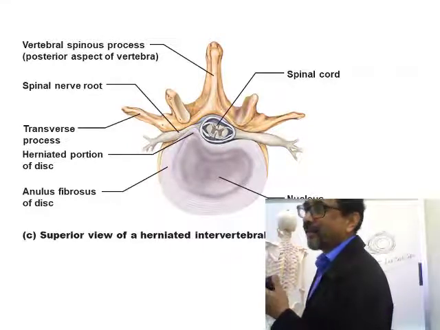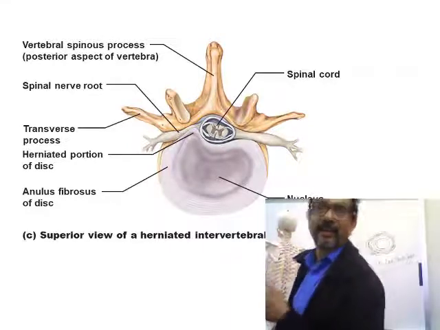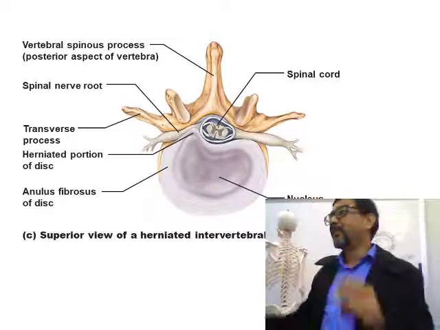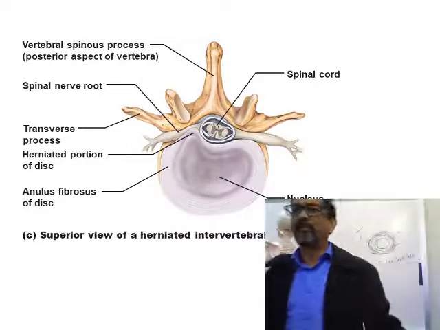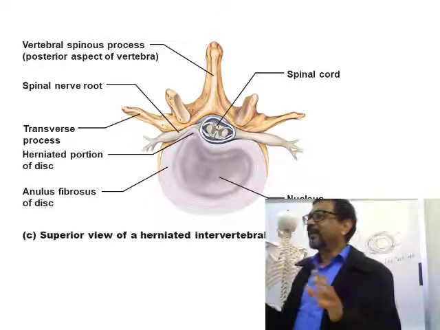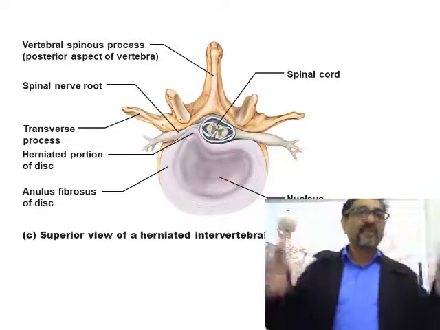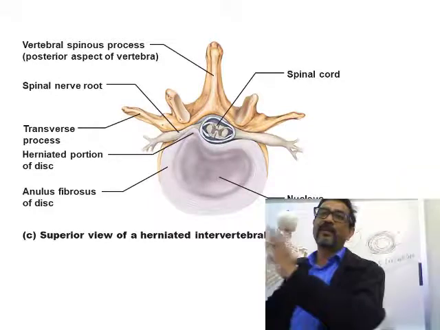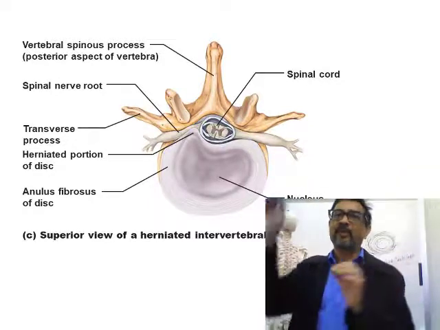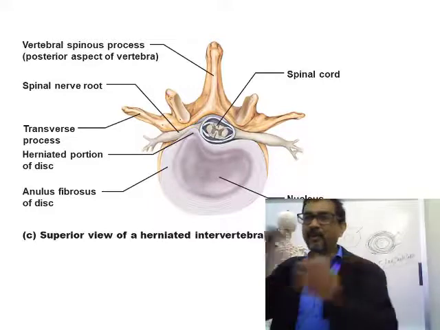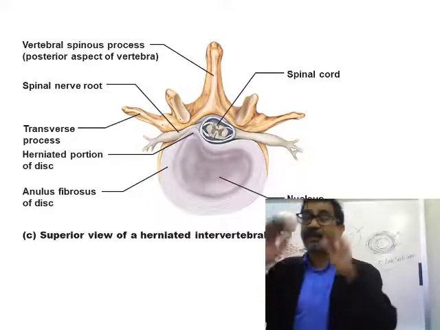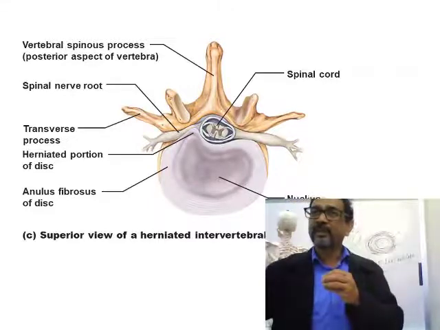What is hernia? Anybody, have you heard hernia? You have heard hernia, right? Yeah. Hernia is a very broad term. Hernia indicates dislocation, protrusion of any viscus from its normal to abnormal, any part of any organ from its normal to abnormal position. It moves from its normal position where it's supposed to be to abnormal position, that is hernia.